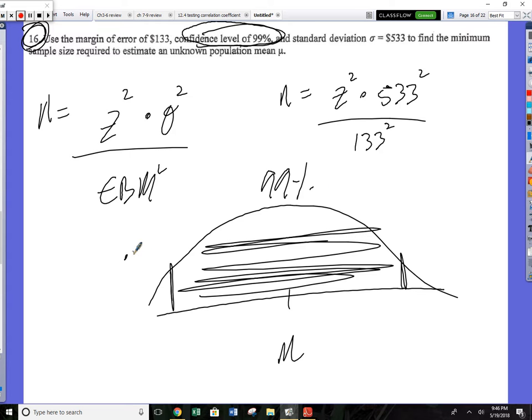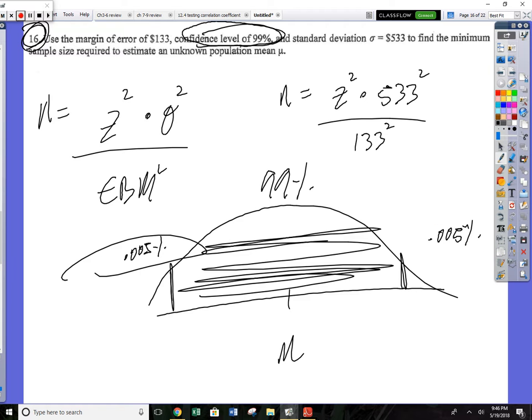That means this is 0.005. So this is alpha. Alpha is 1%. And if I split alpha up into two tails, okay, 5%. No. Half of 1%, not 5%. So this is what I need. I need the z-score of 0.5%.